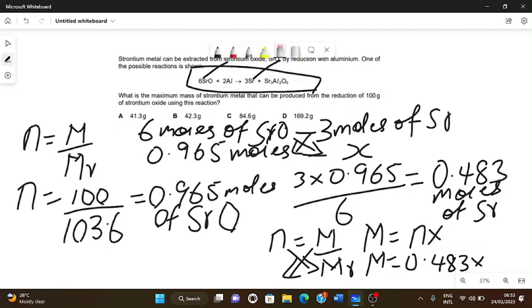I can just put relative atomic mass, Ar, since we are dealing with strontium, which is an element.